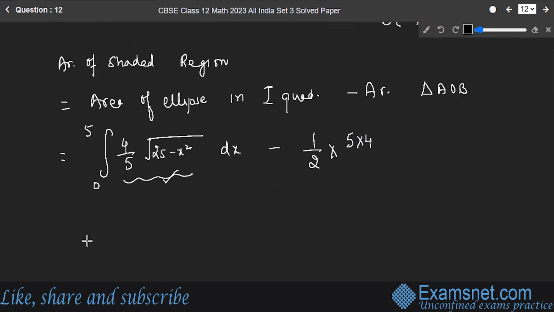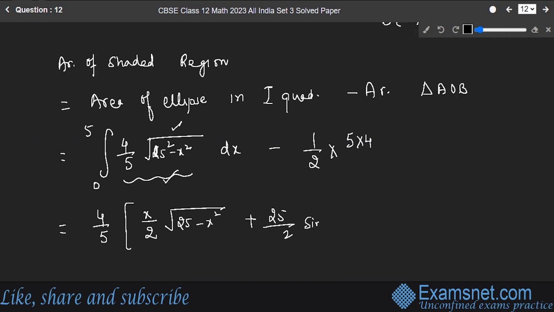Now, that is equal to 4 by 5, I'm taking outside, and this is x by 2. 25 can be written as 5 square. So this is x by 2 into root of 25 minus x square plus 25 by 2 sine inverse x by 5.